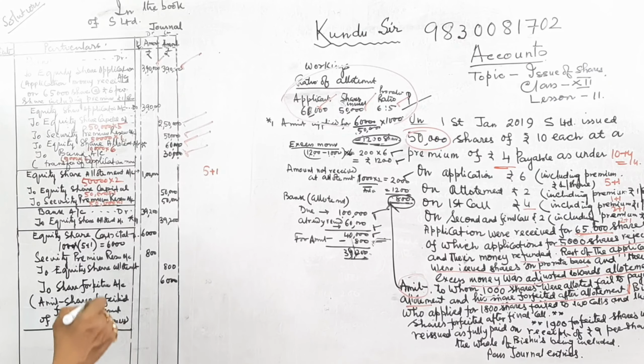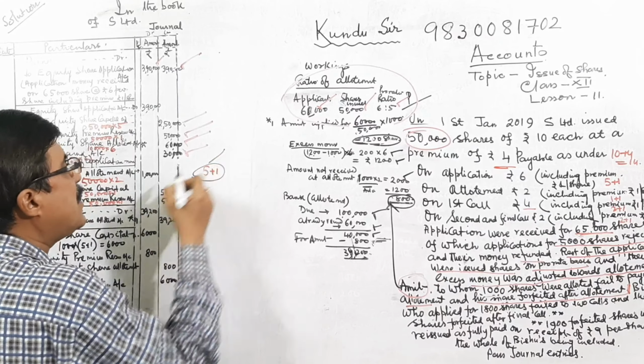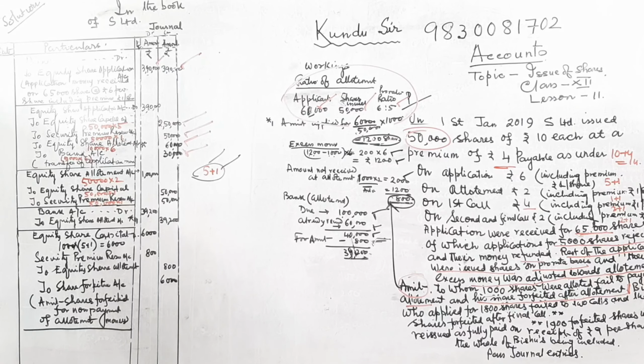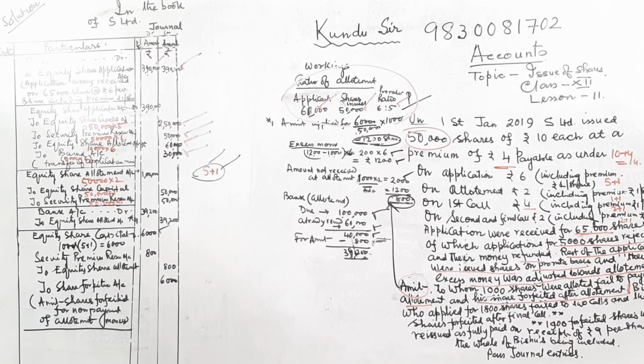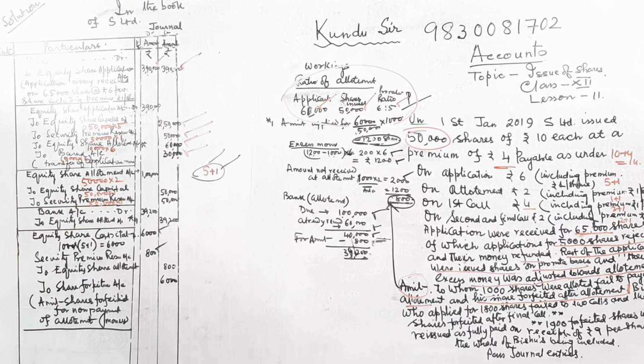So we are debiting share capital 5 plus 1 at the time of application and allotment, both amounts already due from the shareholder Amit. We are also debiting security premium reserve 800 not received. Now equity share allotment, we are not receiving 800.